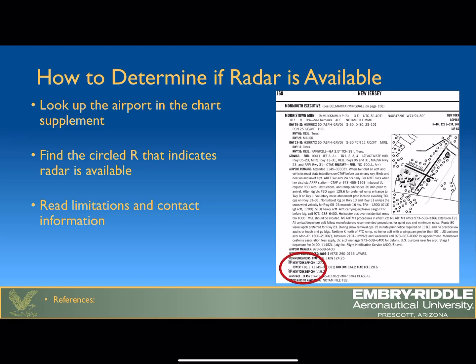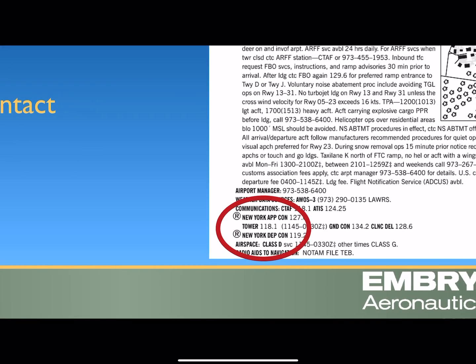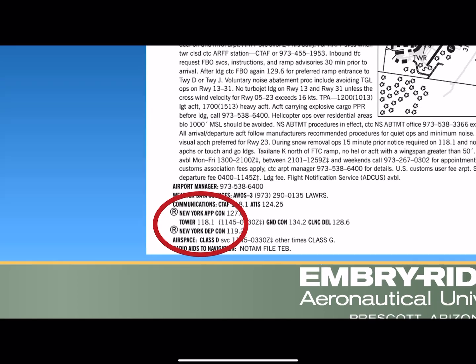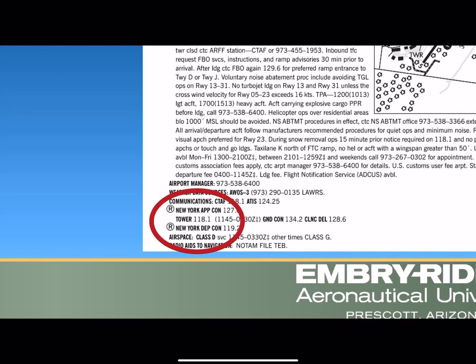You always want to know if an airport has radar services. You would look this up in the airport chart supplement. If you remember, when it talks about the different services you can talk to, there is a tiny R next to the call sign for that radio service.